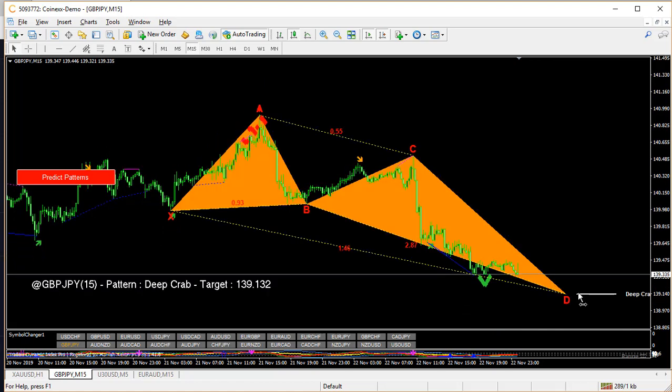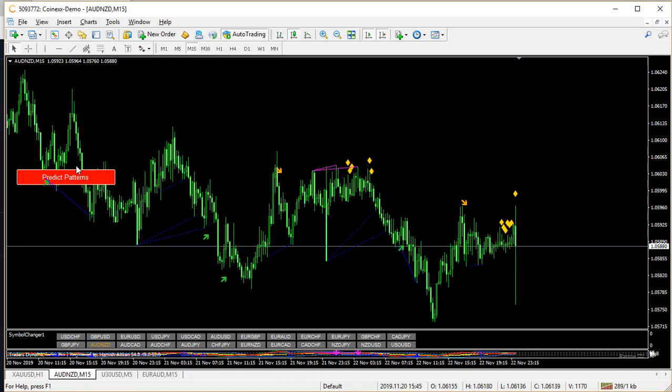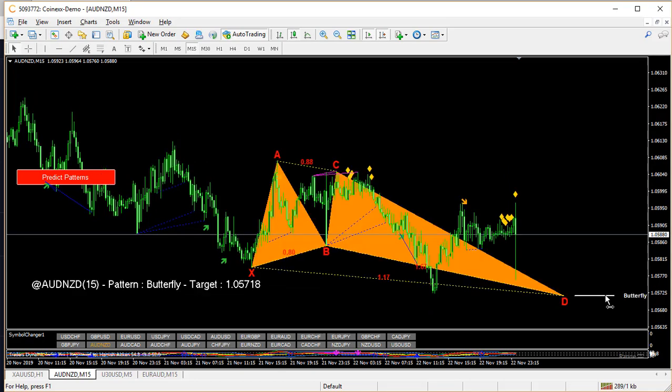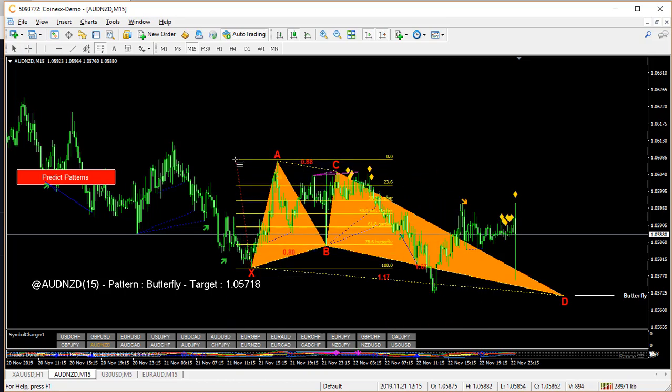GBP JPY, another crab pattern, out NCD, we have a butterfly, where again that B point must be at a minimum of that 78.6, which it seems like it just tag it and then move up on that 78.6 to make that B point a valid point for that butterfly incomplete pattern.